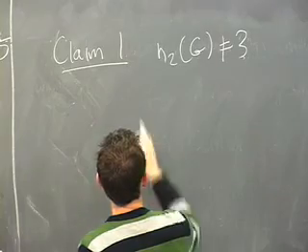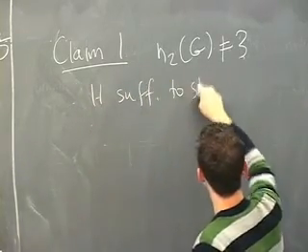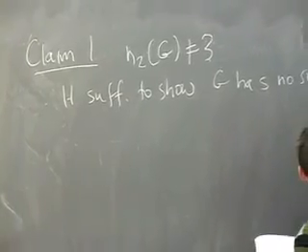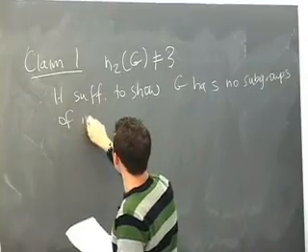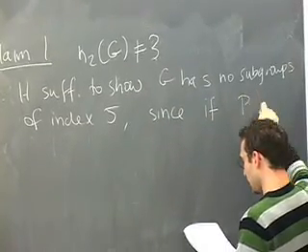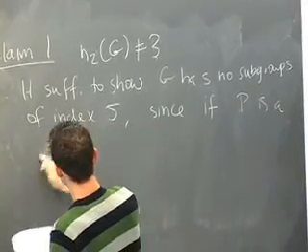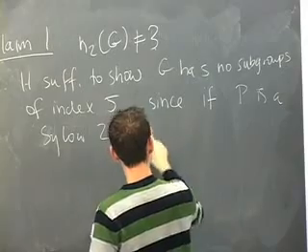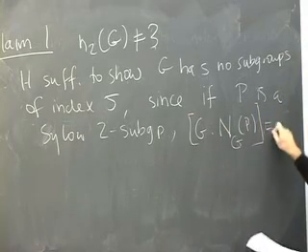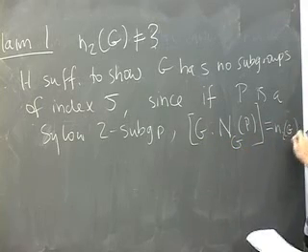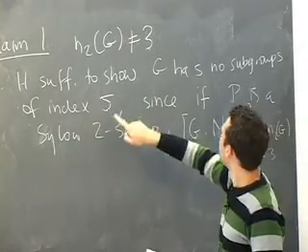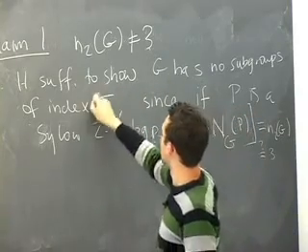So it suffices to show G has no subgroups of index less than 5, since if P is a Sylow 2 subgroup, we saw before that the normalizer of P in G must have index equal to n2 of G. And if this thing is 3, then it contradicts the fact that G has no subgroups of index less than 5.